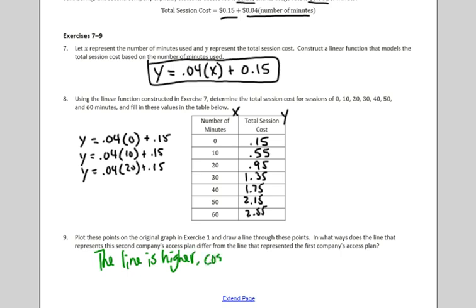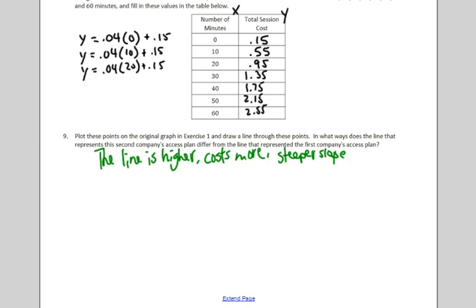It costs more. And it's got a steeper slope. So what the steeper slope tells you is that the usage rate is higher. So not only does it cost more to start, it also costs more per minute.